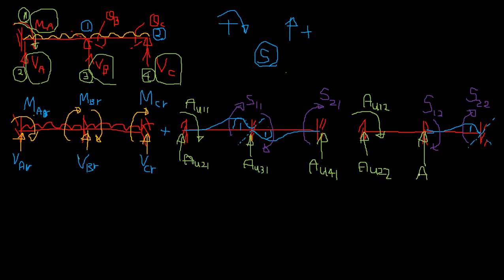So here AU3,2, and here it will be AU4,2.